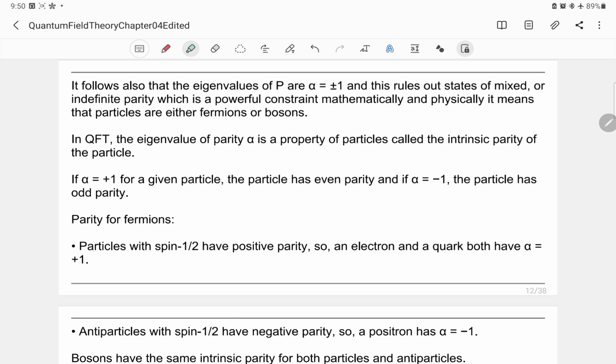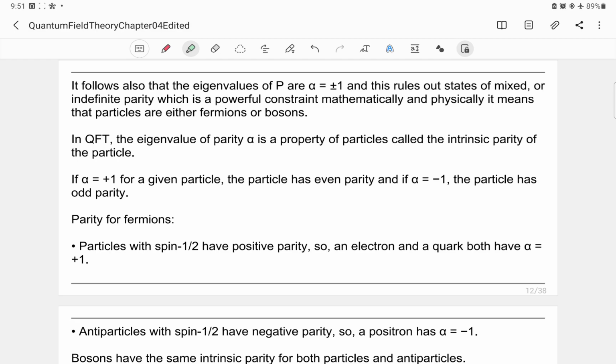Again, earlier, the eigenvalues of P are positive and negative 1, and this rules out states of mixed or indefinite parity. This is a powerful constraint mathematically, and physically it implies that the wave function represents a fermion or a boson.